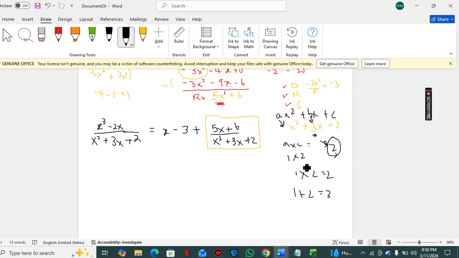So these factors are 1 and 2. So the quadratic expression can be written as this now. Since we know the factors are positive 1 and positive 2, you just write here x plus 1, x plus 2.